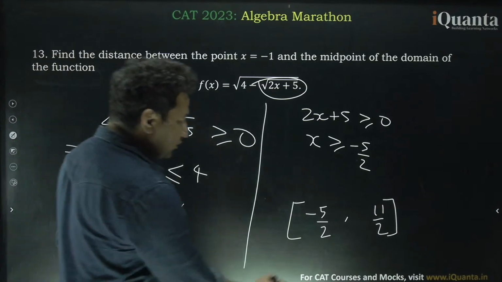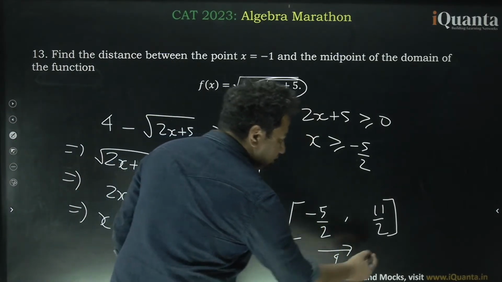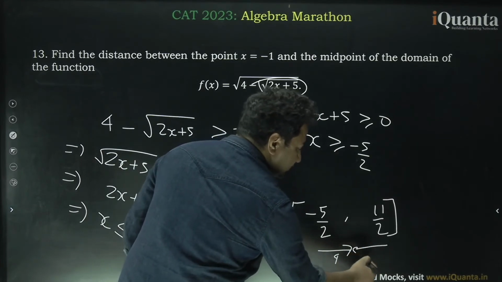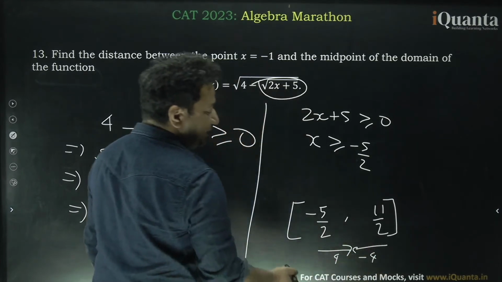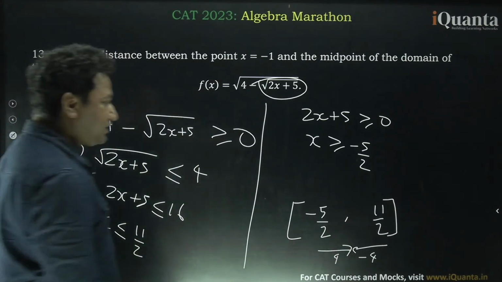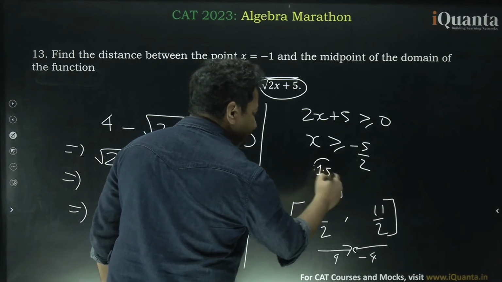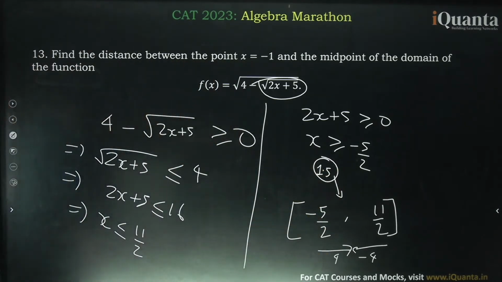So 4 steps ahead from minus 5 by 2, or 4 steps backwards from 11 by 2, we will be getting our midpoint, which happens to be 1.5. Clear? Clear? 1.5 is the midpoint.